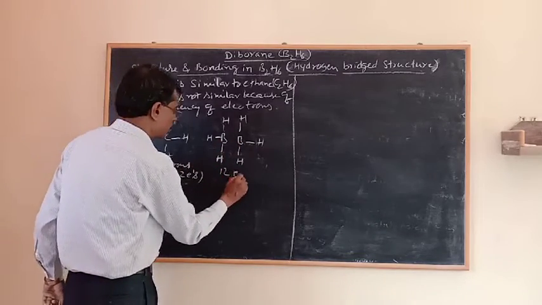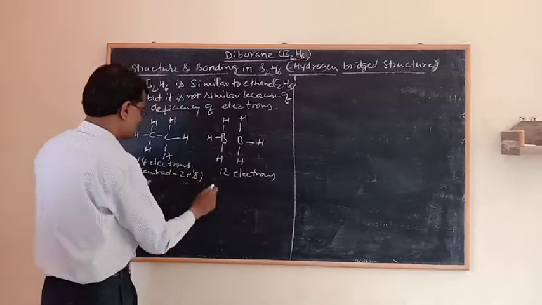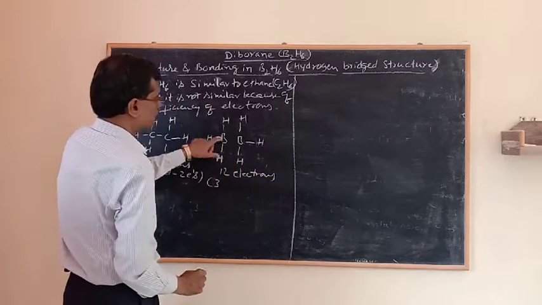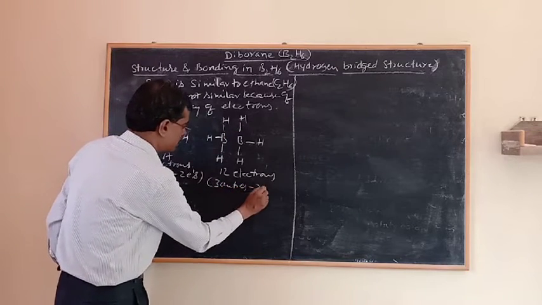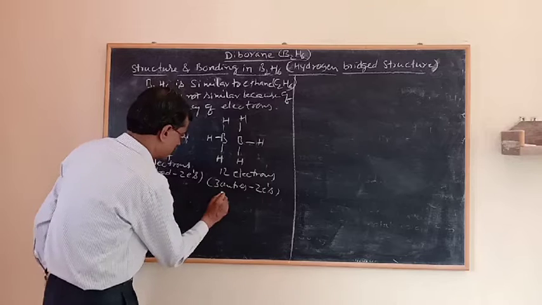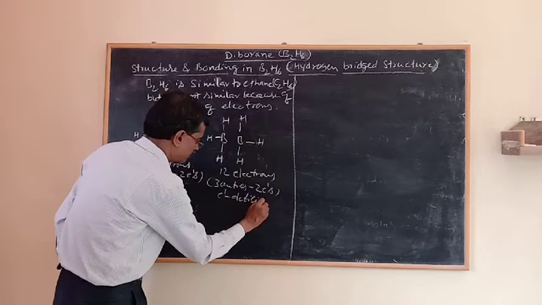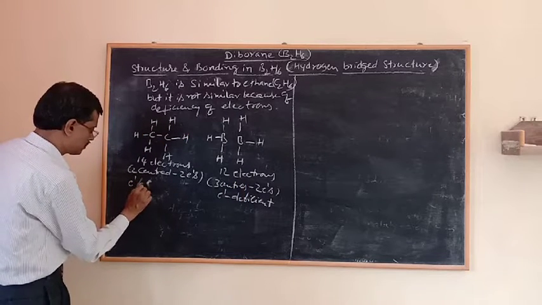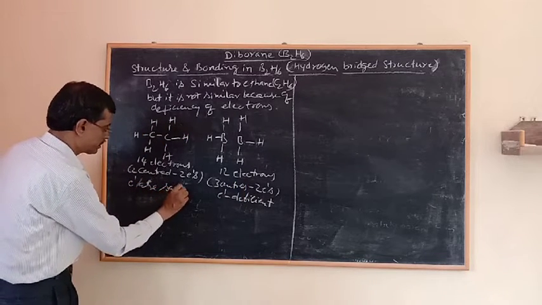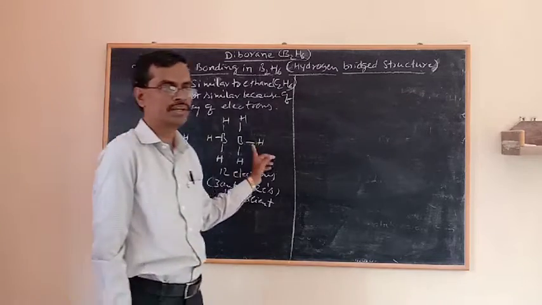It is because of 12 electrons, and this is a three-centered boron-hydrogen-boron type. So it is a 3-centered, 2-electron system, and it is electron deficient. So this is the difference between ethane and diborane.